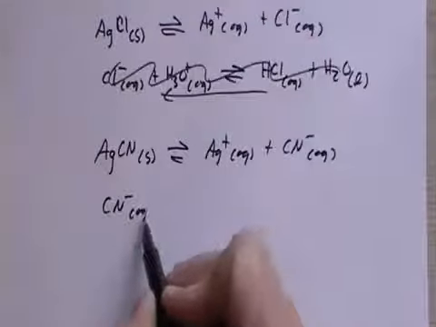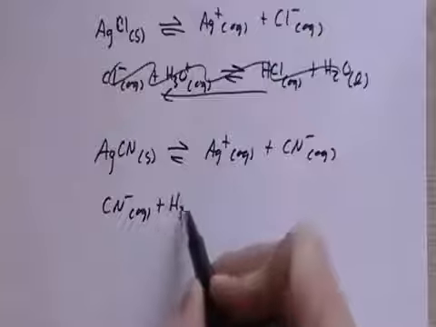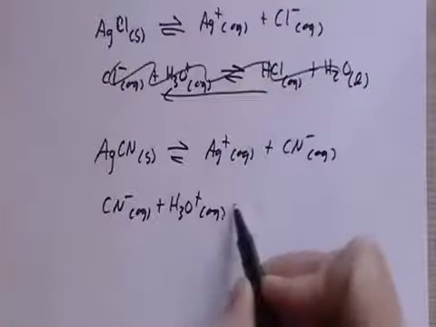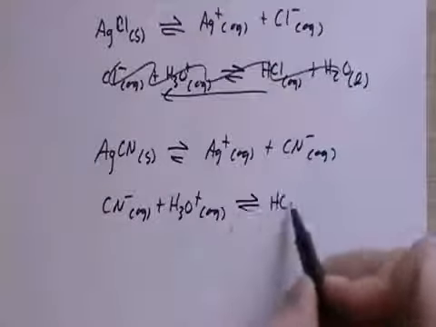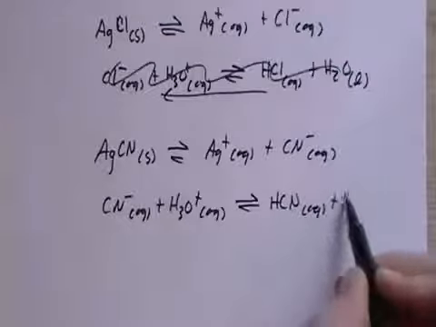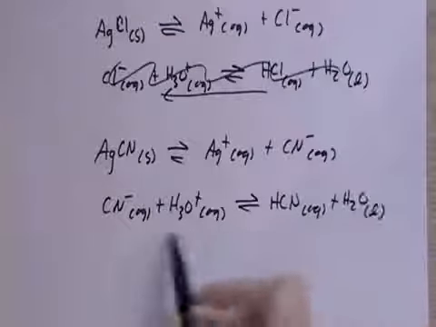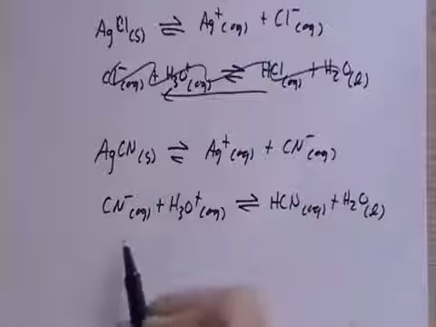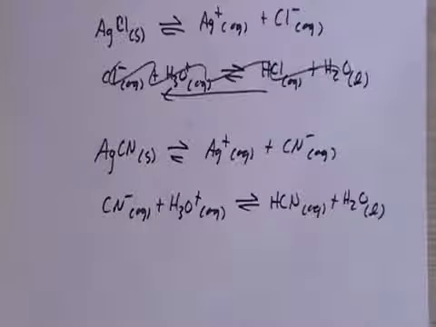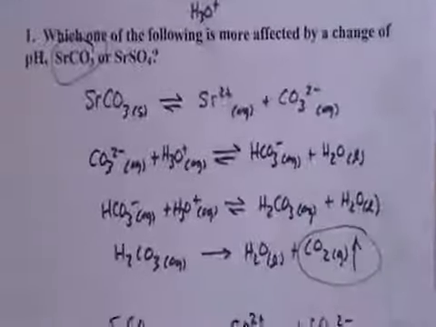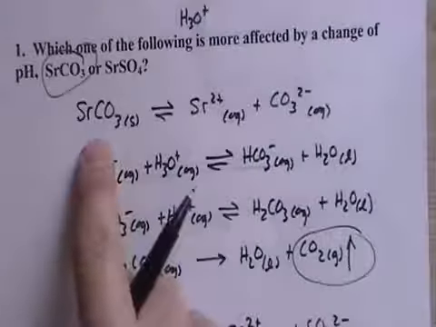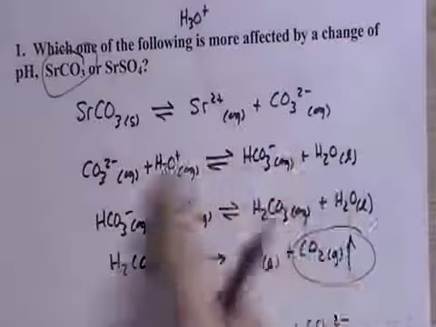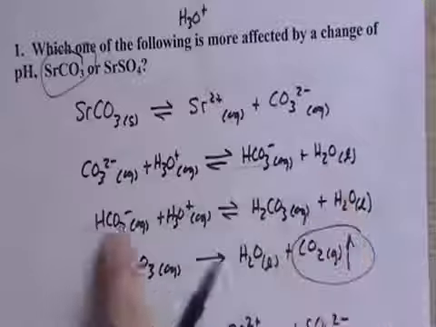Now you can see the CN minus, and what you must remember from the previous chapter is that it's going to create a weak acid. And that is a true equilibrium. There is a shift this way. Let me go back to this because I don't think I specified too much. But you have the strontium carbonate. It produces these ions. Then this ion goes on to react, and it keeps going.